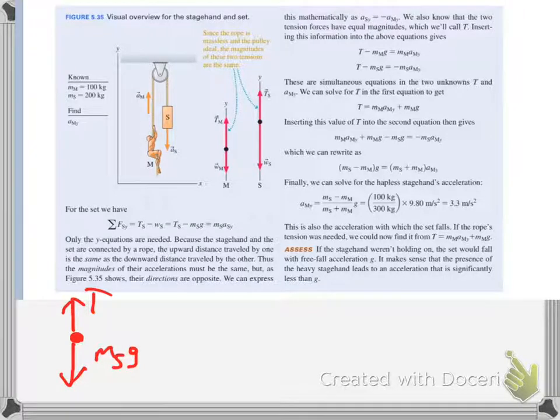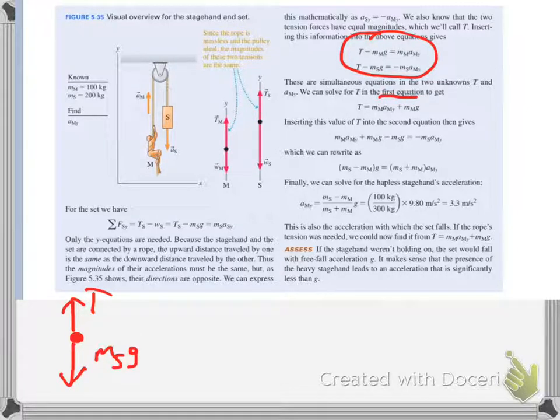So you'll see that we have two equations for tension. We have one in terms of the man on the top, and on the bottom we have one in terms of the set. Okay, so we're going to use our top equation to solve for tension.